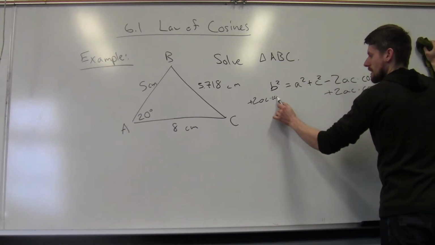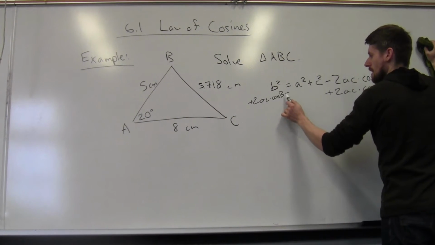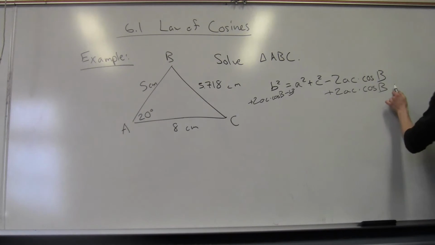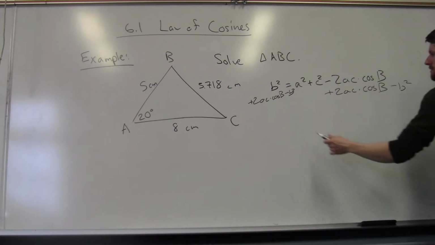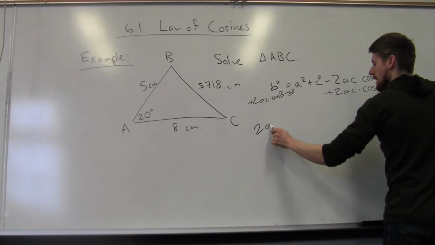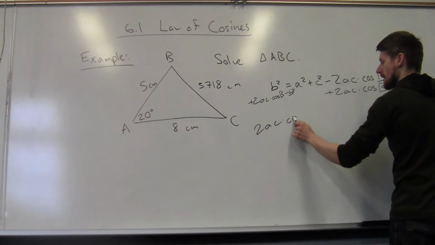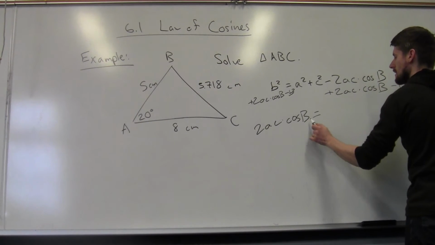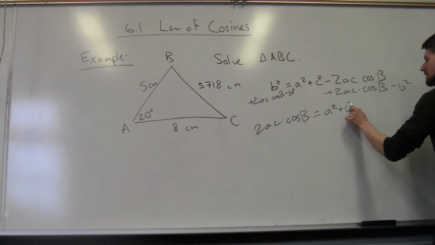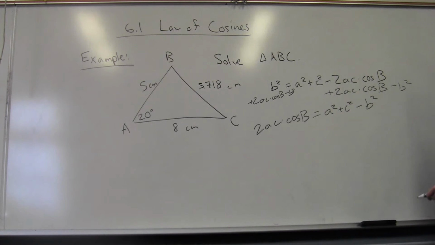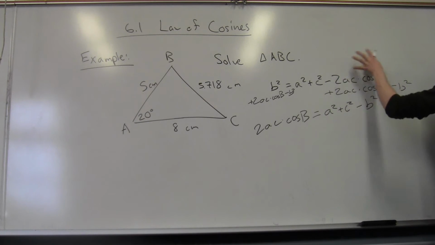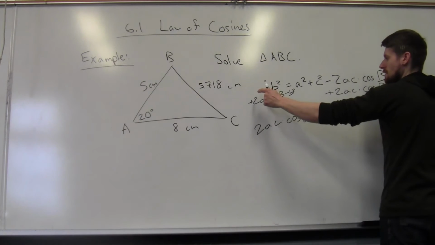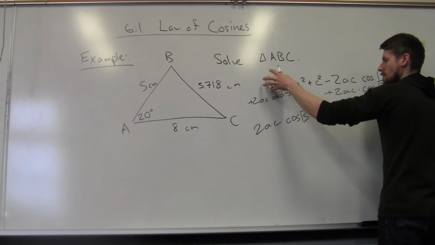I have to subtract b squared. So that's going to give me 2ac times cosine b equals a squared plus c squared minus b squared. I basically just moved this whole term to the left to make it positive, and the b squared to the right.